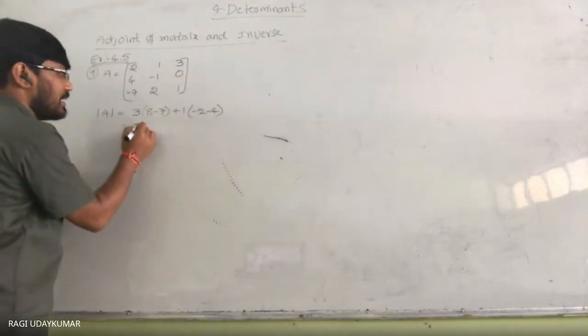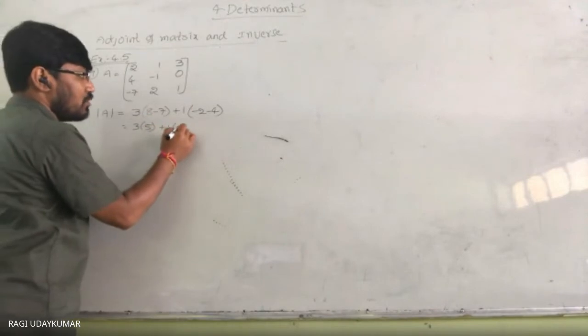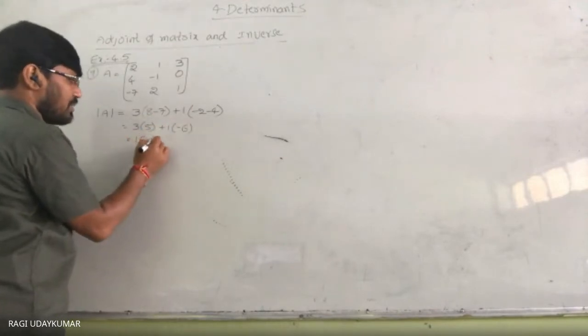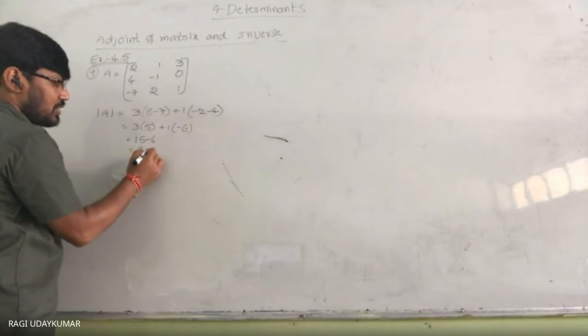So we get 3 into 5 plus 1 into minus 6, which is 15 minus 6, equal to 9, which is not equal to 0.